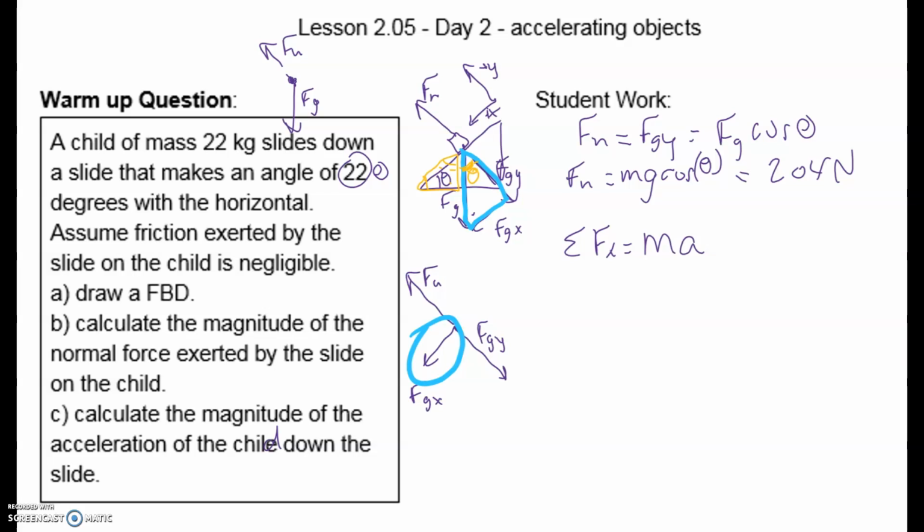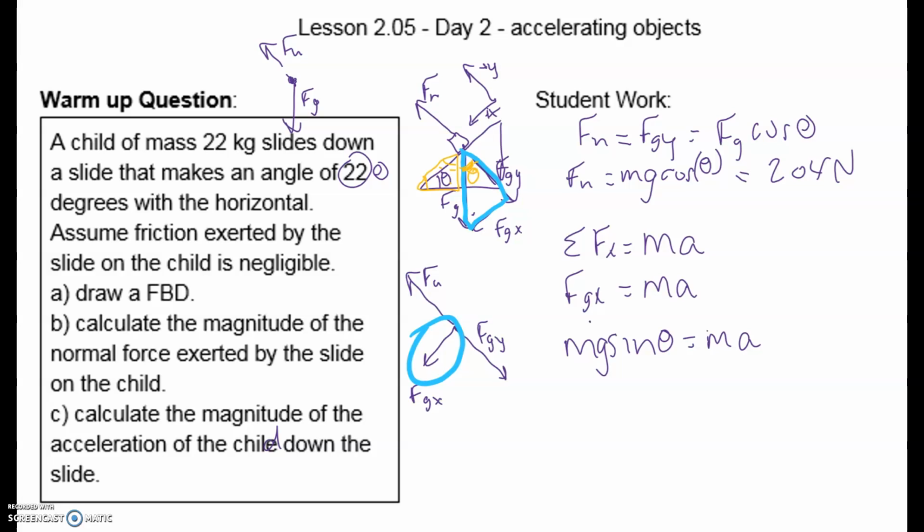The only force is the x component of gravity, and that's equal to mass times acceleration. Looking at that triangle we sketched out, the x component is opposite my angle, and my hypotenuse is the total value for gravity. So we have the force due to gravity times sine of theta is equal to mass times acceleration, where we can rewrite the force of gravity as mass times acceleration due to gravity.